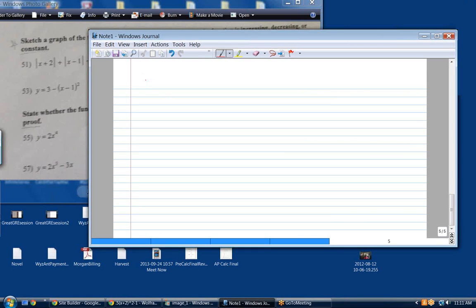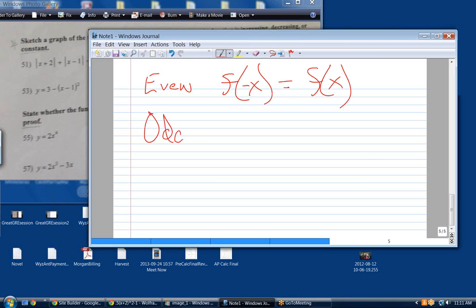The definition of even is f of minus x equals f of x. The definition of odd is f of minus x equals minus f of x.